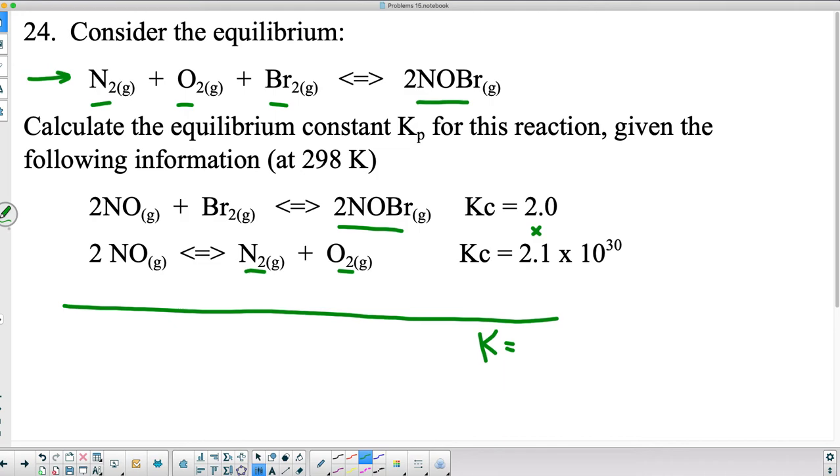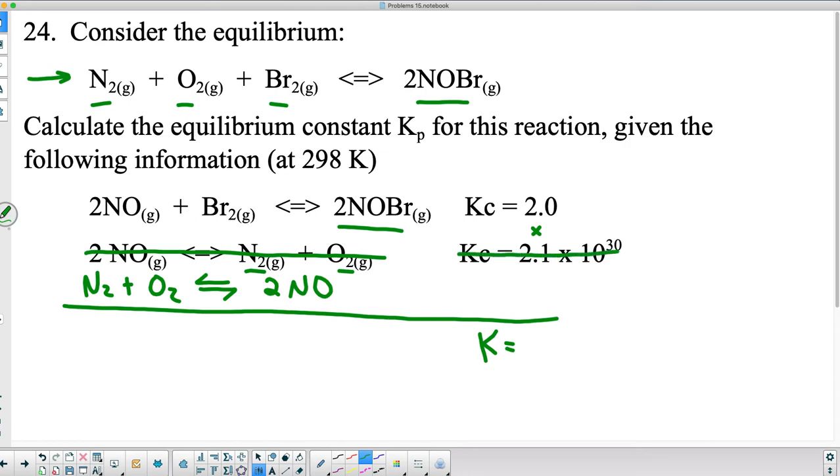By flip, I mean I'm going to have to move N2 and O2 as reactants and then I'm going to have to move the 2NO as a product. Okay? When I do that, here's how the Kc is affected. No longer is the Kc 2.1 times 10 to the 30th.